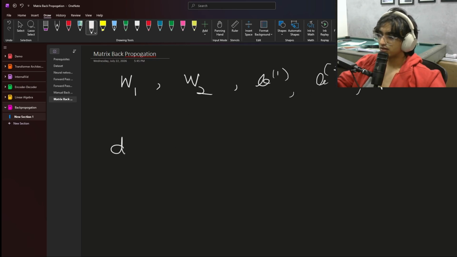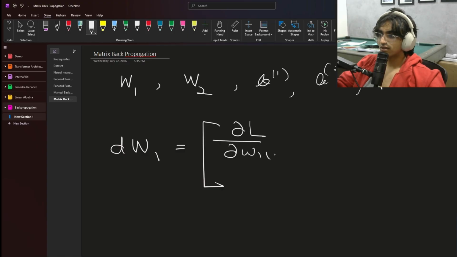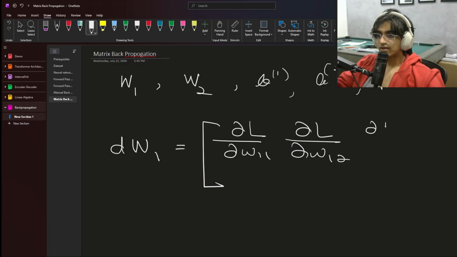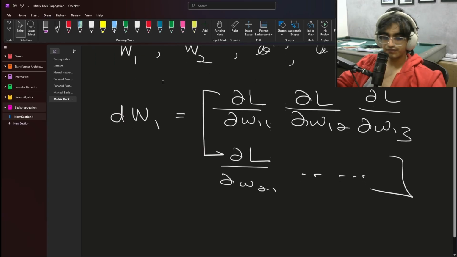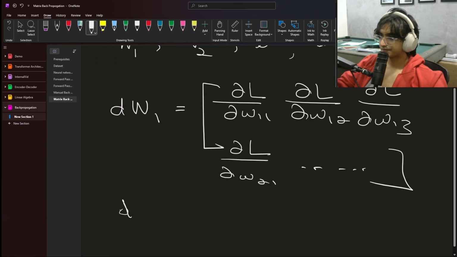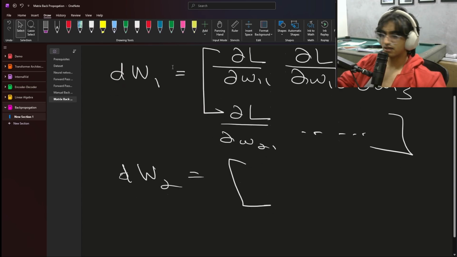So we need dW1. dW1 is essentially just the partial derivative of the elements. So it's del L by del W11, del L by del W12, del L by del W13, and then similarly W21 and so on. And then dW2 is again you just fill out the matrix, that's it.